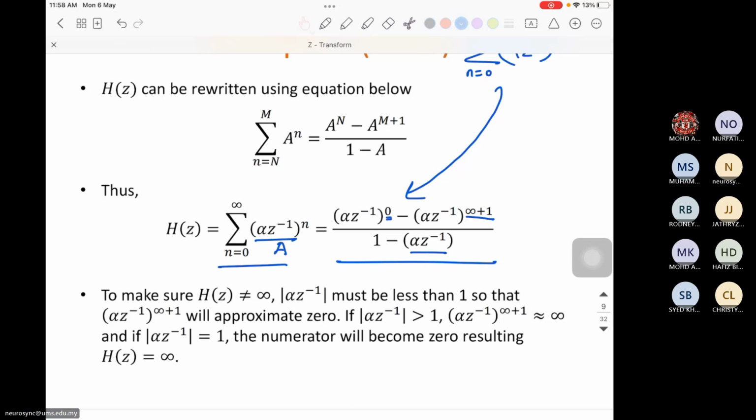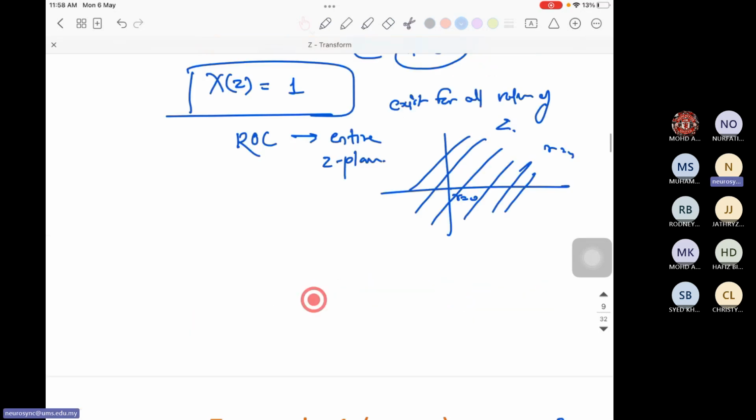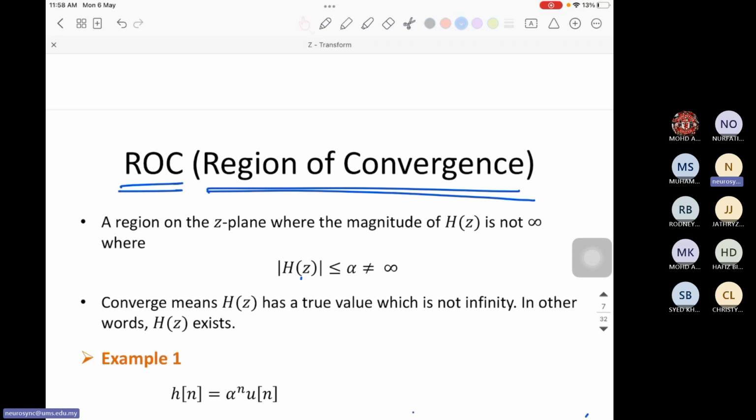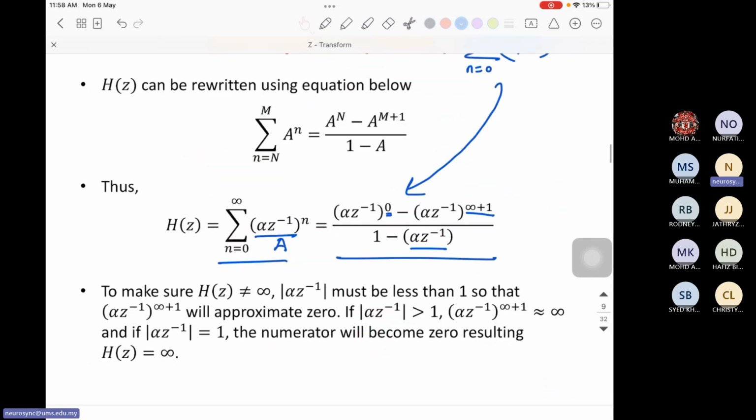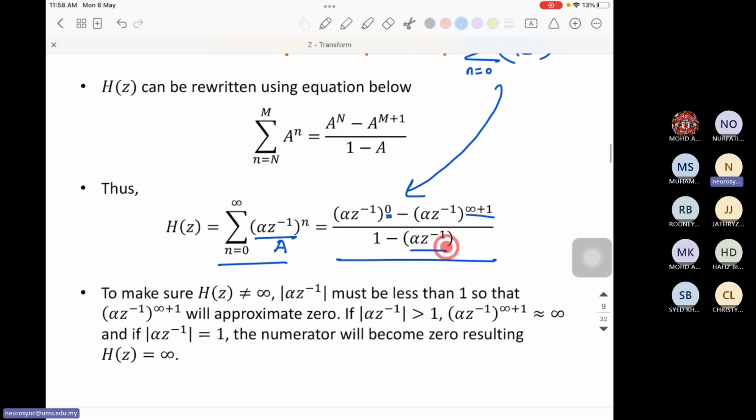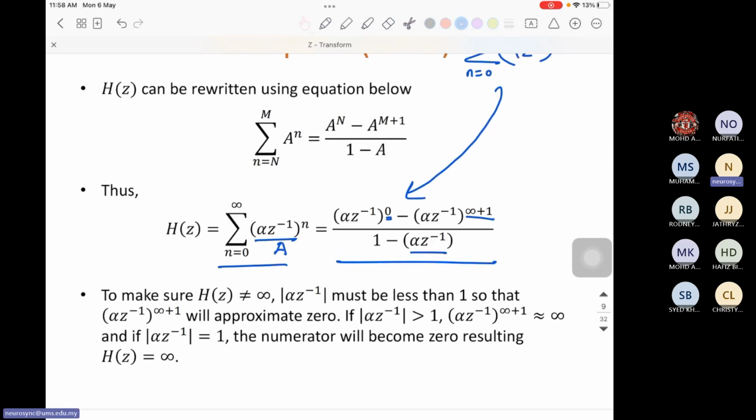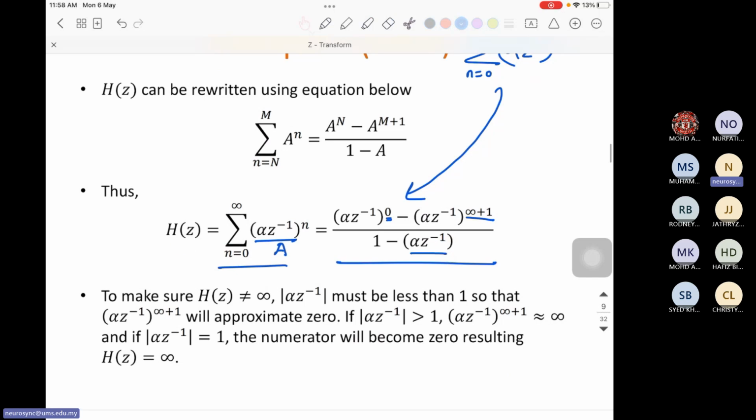Now this H of z should not be equal to infinity. The convergence is very important here for the existence of the Z transform. So the denominator term, 1 minus alpha z to the power minus 1, should not be equal to 0, which would make H of z infinity.